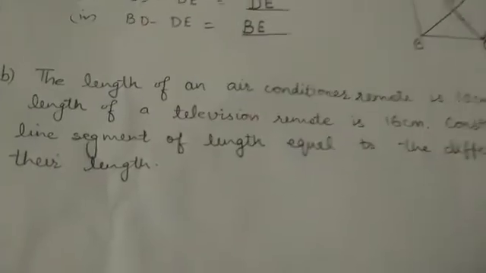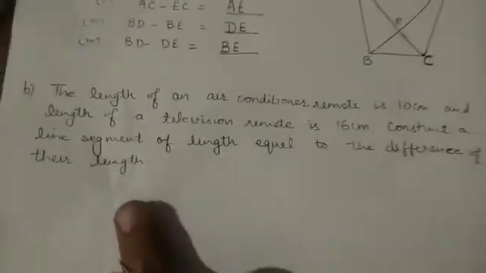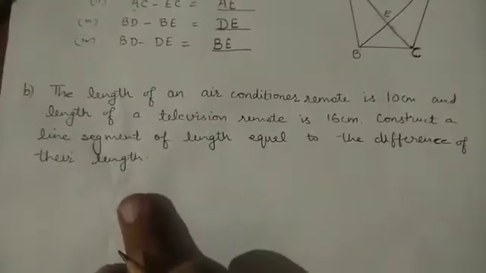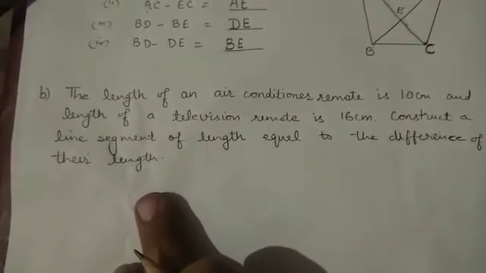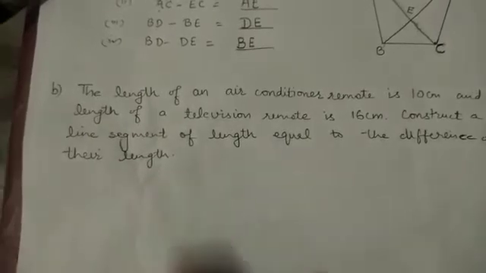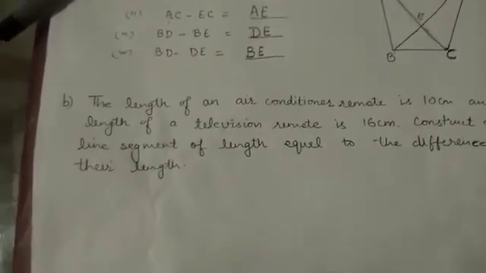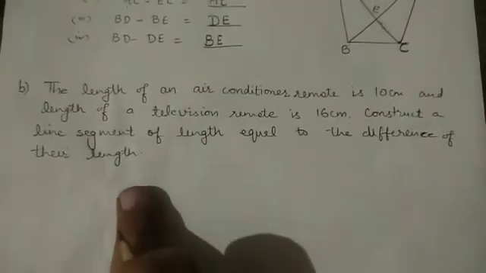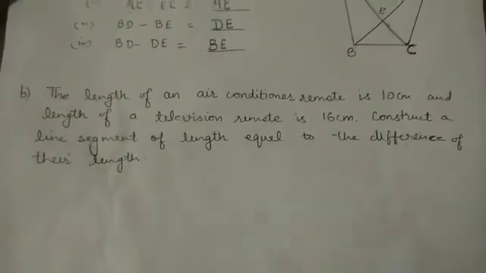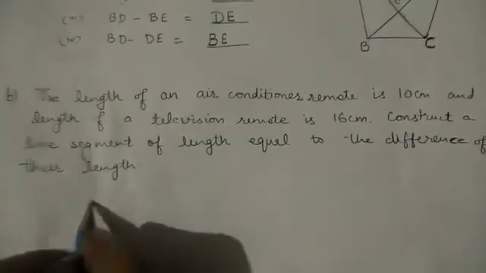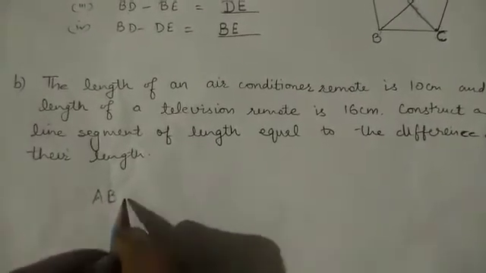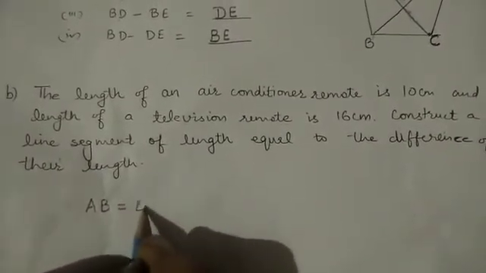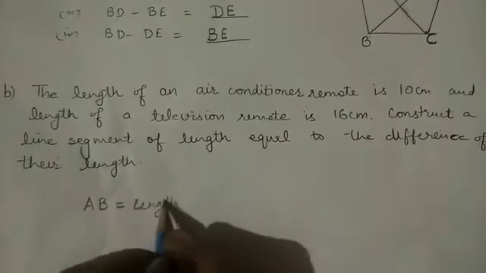Now next question. The length of an air conditioner remote is 10 centimeter. Length of a television remote is 16 centimeter. Construct a line segment of length equal to the difference of their length. Suppose the length of air conditioner remote, that is, we have taken AB.